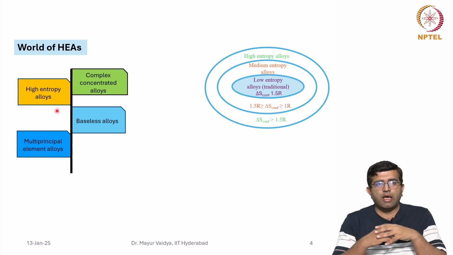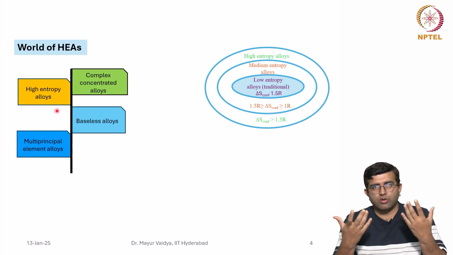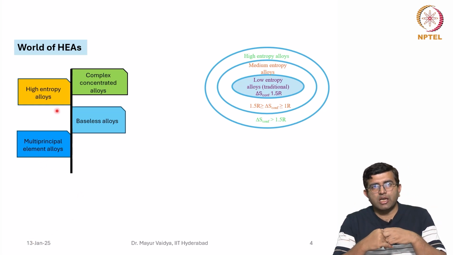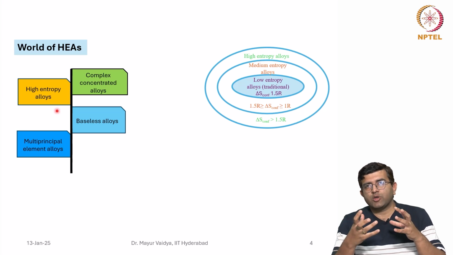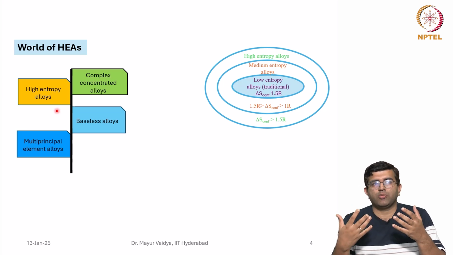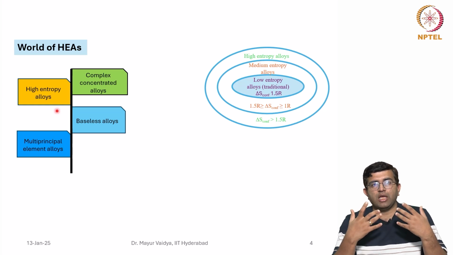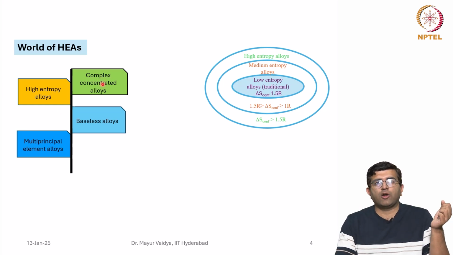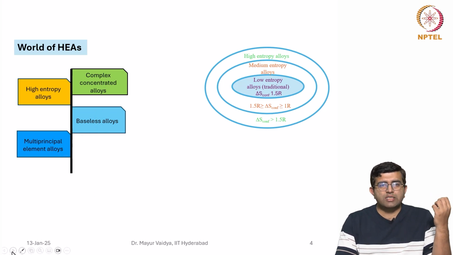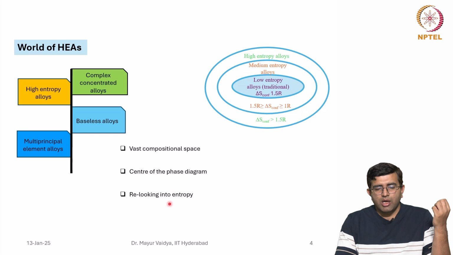During the last 20 years of research, so much has been investigated, but people have also started to realize that there is more to entropy in these high entropy alloys. Hence, people have started giving different names also, like complex concentrated alloys, baseless alloys, multi-principal element alloys, and so on. But irrespective of the name, these alloys offer exciting opportunities to explore a vast compositional space.